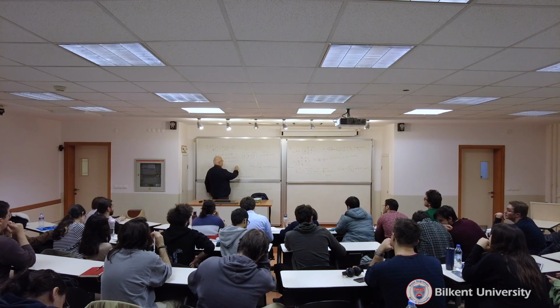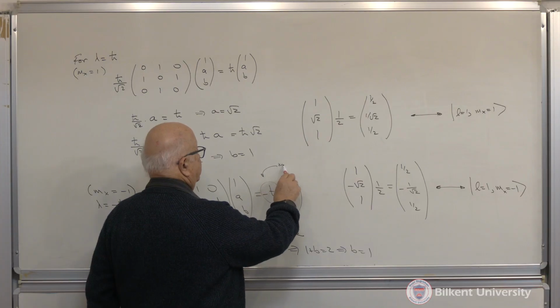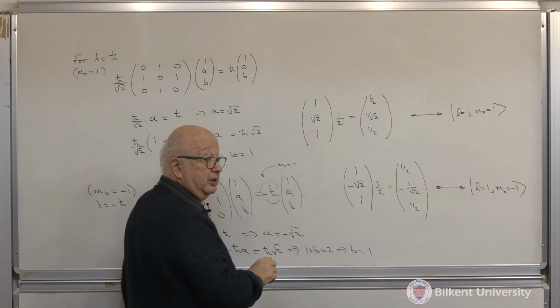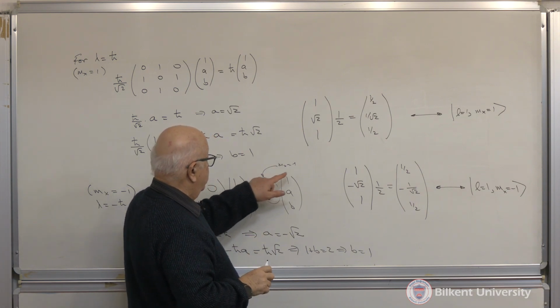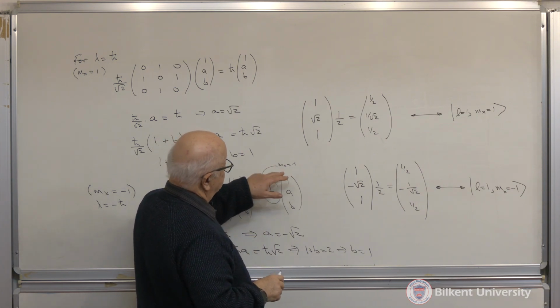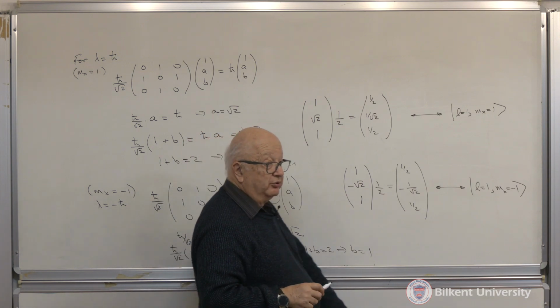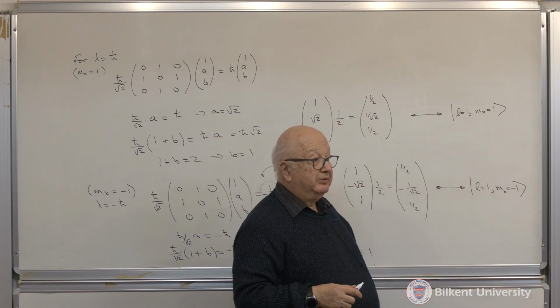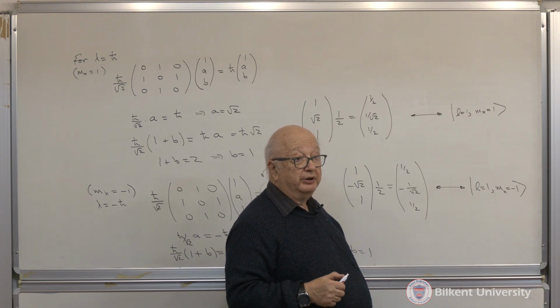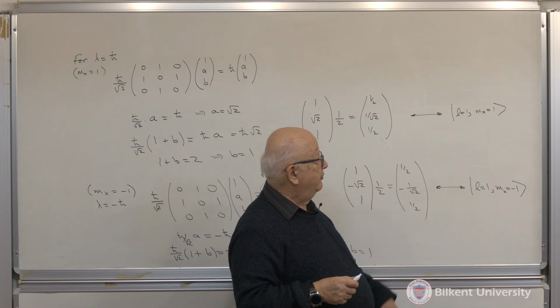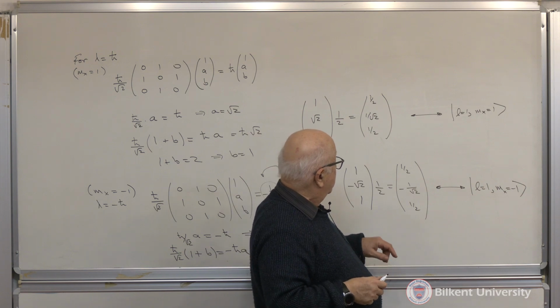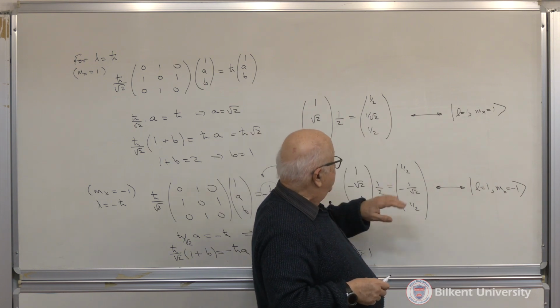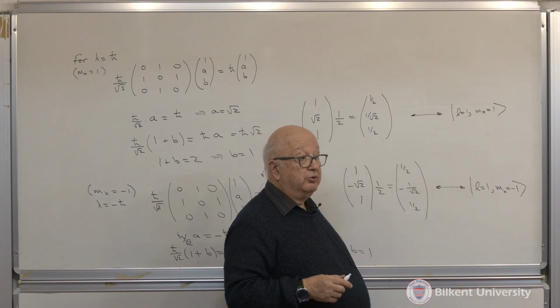So that corresponds to mx equals minus 1, because we know that these m values give us the z component, well, in this case, the x component of the angular momentum. So we get eigenvalue equal to plus h bar, 0, or minus h bar.